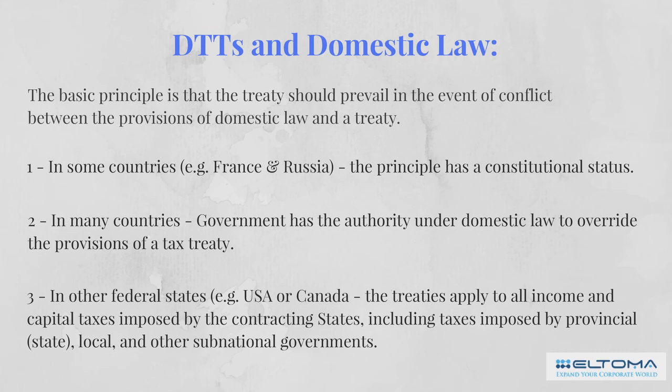However, in some federal states, the central government is constrained by constitutional mandate or established tradition from entering into tax treaties that limit the taxing powers of their subnational governments. Accordingly, the tax treaties of such federal states apply only to national taxes. So, in such circumstances, a subnational government may impose taxes in a manner that would not be permitted for its central government.